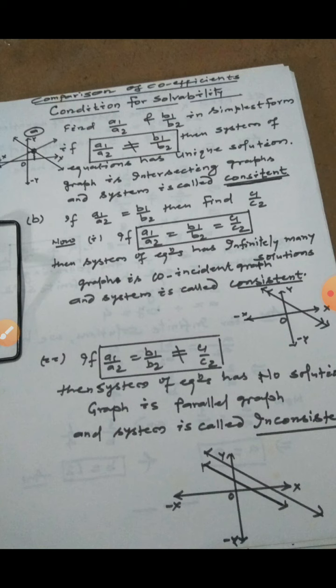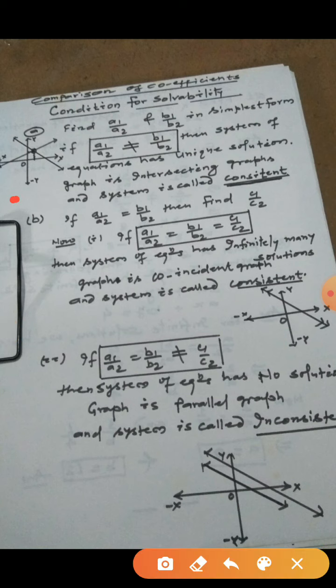And if you draw the graphs of such equations, you will get intersecting graphs as shown here. It means one graph will cut the other, so they are called intersecting graphs.